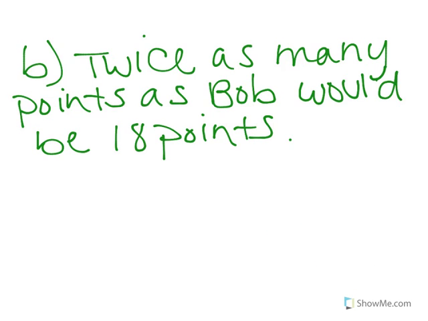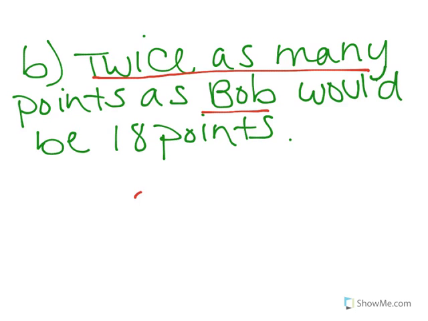Then the next example is twice as many points as Bob would be 18 points. Twice as many, to me, is going to sound like multiplication. In your chart, you can see that twice is the same word for multiplication. So twice as many points as Bob, I'm just going to put the letter B into my equation.